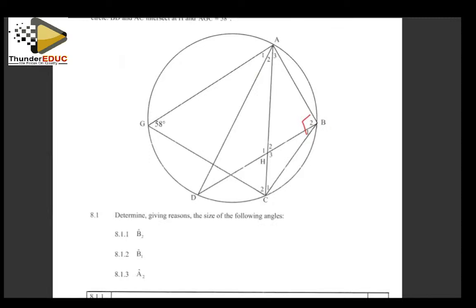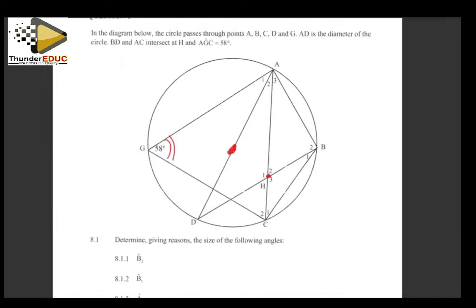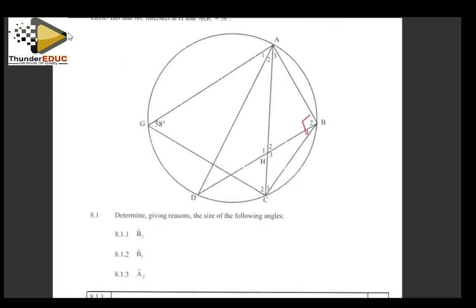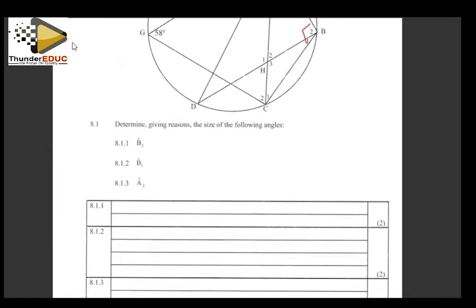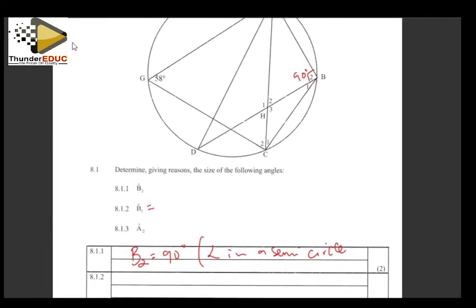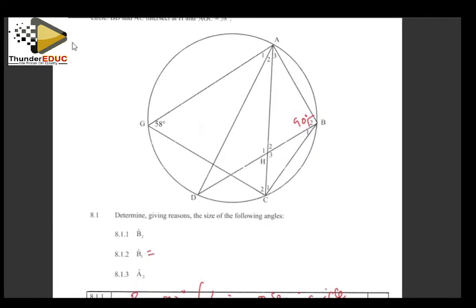So B2 is going to be 90. The reason is angle in a semicircle. Then they want us to get B1. Let's see what's happening with B1. Where is B1? B1 is this one here.